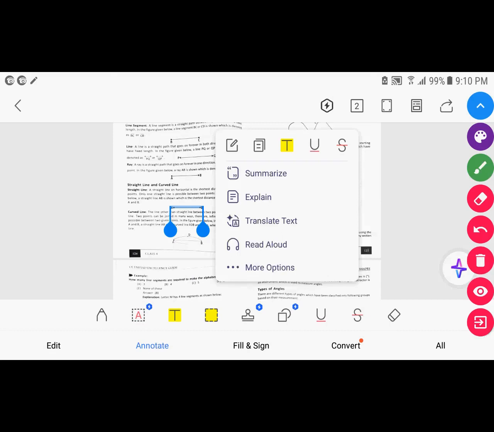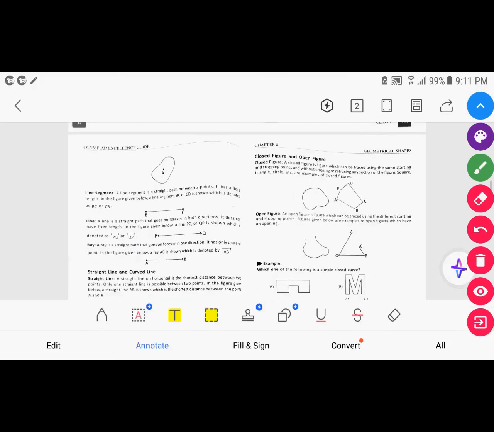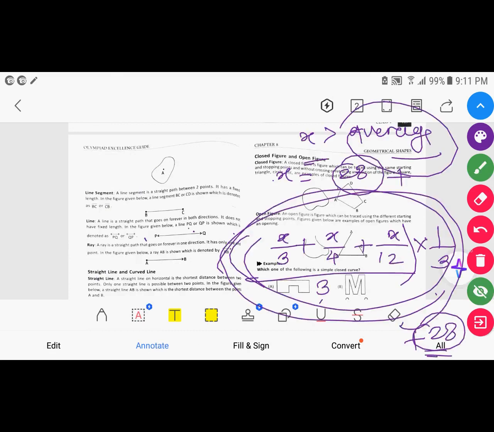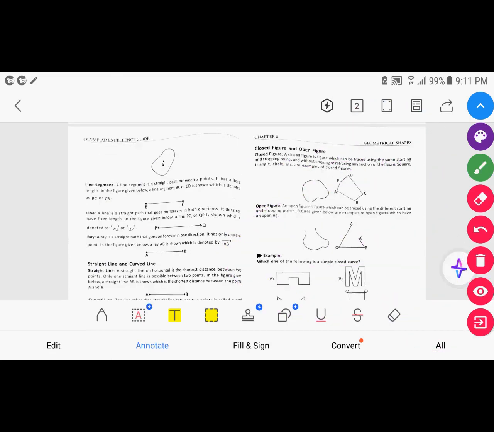We know the different geometrical figures like square, rectangle, triangle, then cylinder, polygon, hexagon. These are the different geometrical figures, and we had already seen their classification like closed figure, open figure, regular, irregular.